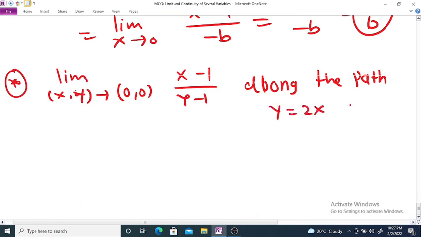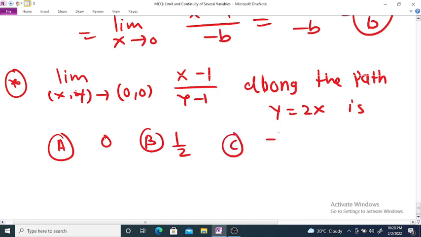Option A is 0, option B is 1 by 2, option C is minus 1 by 2, and option D, none of these.